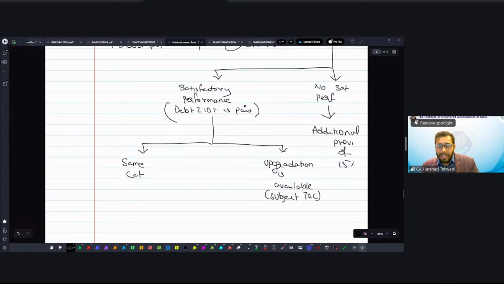This is in addition to the other provisions. Whatever other provisions are there, this is additional. Clear? Any doubt?